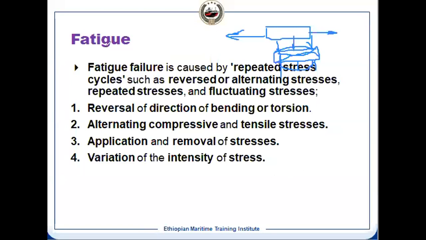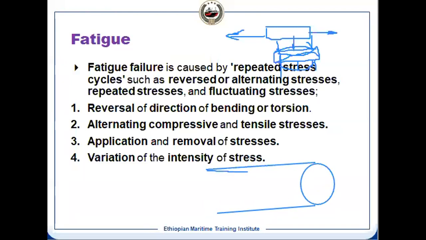For example, there is a shaft which is subject to cyclic loading. In that case, what will happen? This is the shaft having a cyclic loading. Once it is a cyclic loading, it will have a bend.